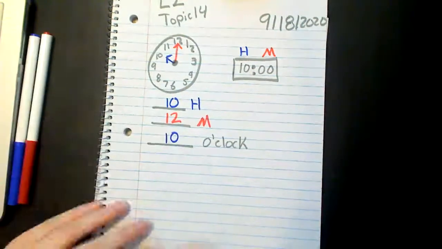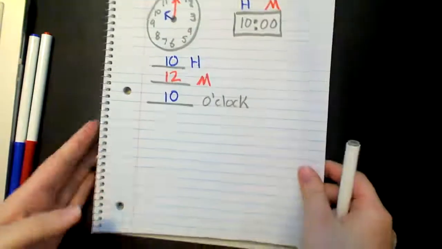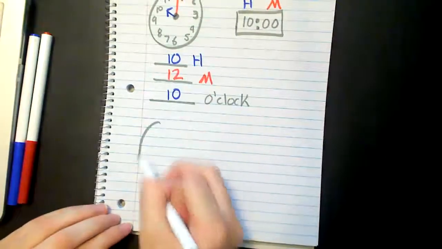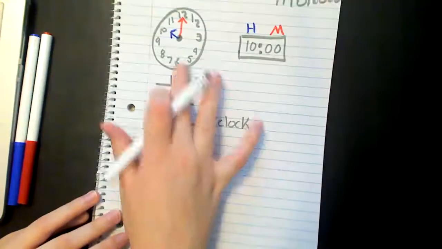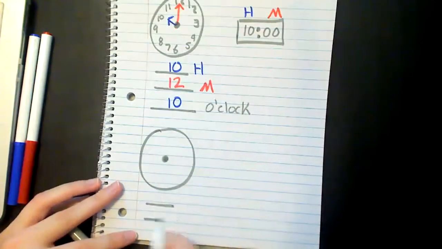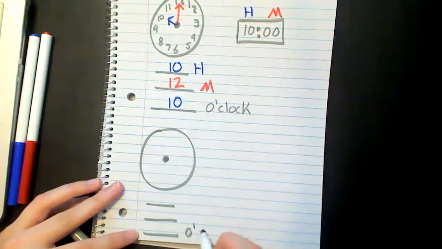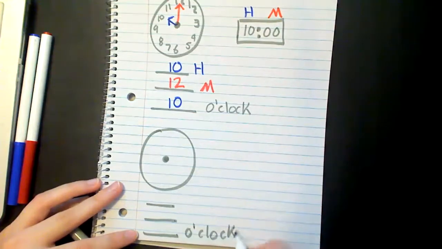So for your own, by yourself, I want you to create another clock and fill in all the numbers, again, just like the one up here, and then put 3 lines and set it up just like the one on the top.